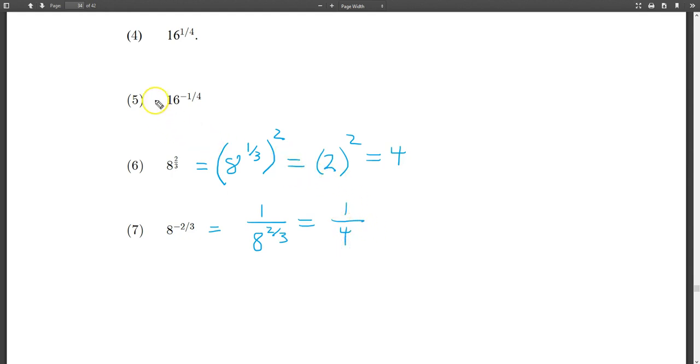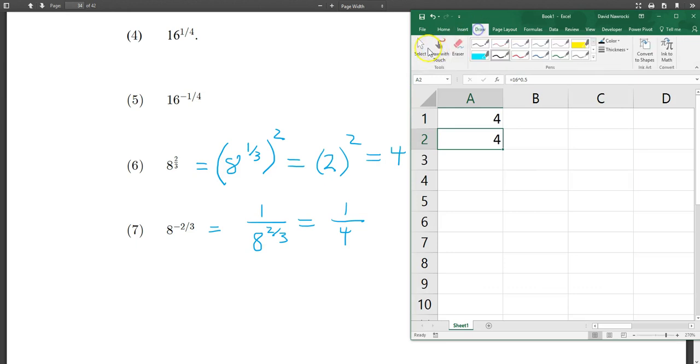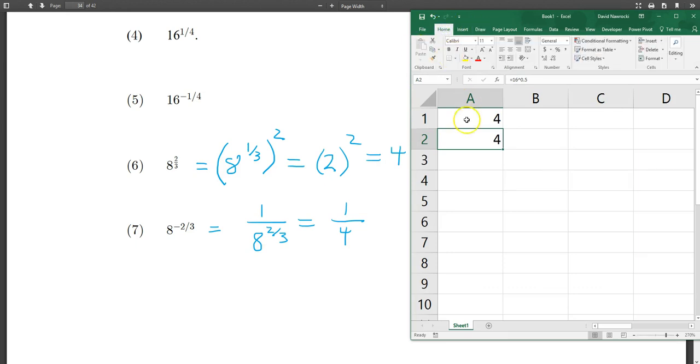Check it out on a calculator. Let's do it in Excel for a change. So we would go equals 8 raised to the 2 divided by 3 power.